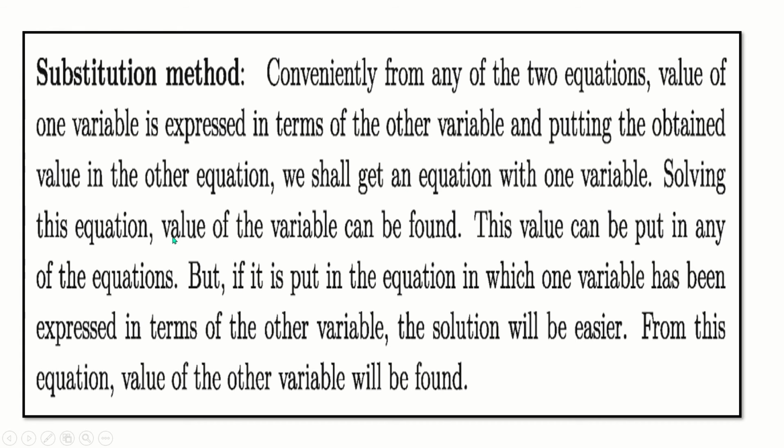Solving the equation, the value of the variable can be found. This value can be put in any of the equations, but if it is put in the equation in which one variable has been expressed in terms of the other variable, the solution will be easier. From this equation, the value of the other variable will be found.